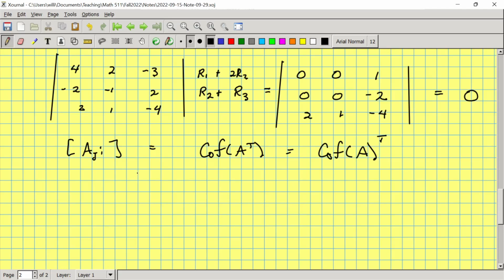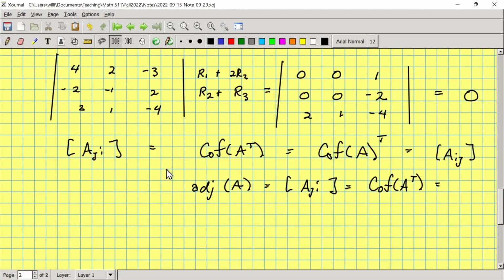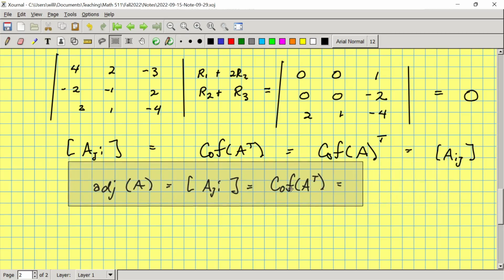And that would be this guy, which is the adjoint. So yes, the cofactor matrix of A transpose is equal to the transpose of the cofactor matrix of A.